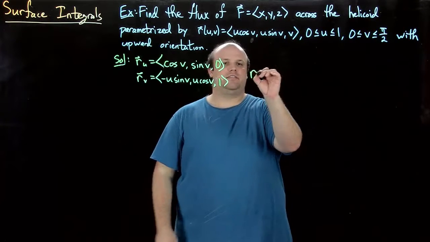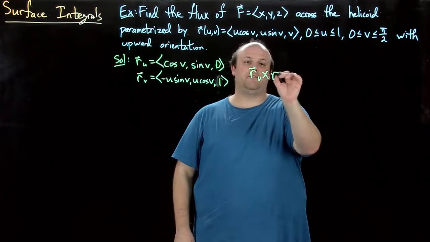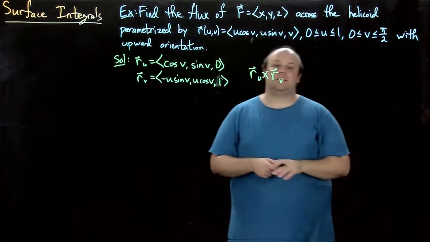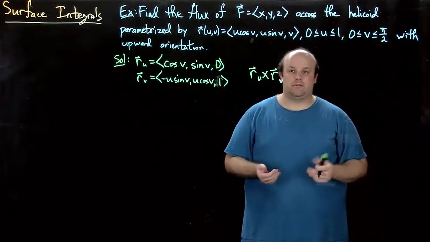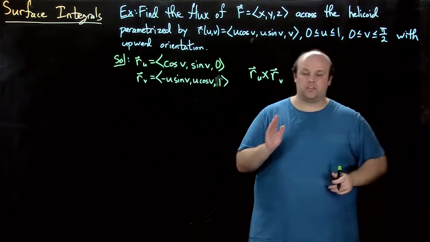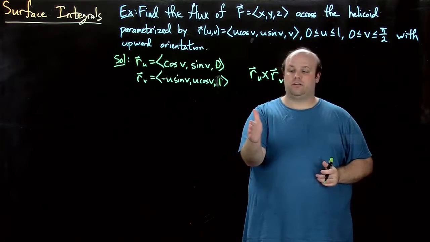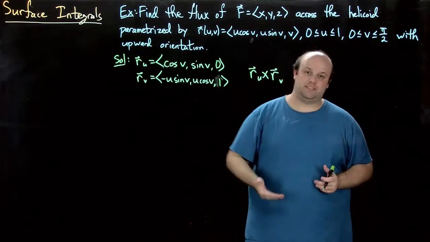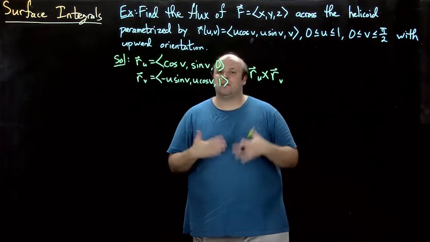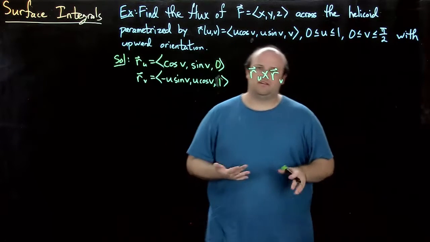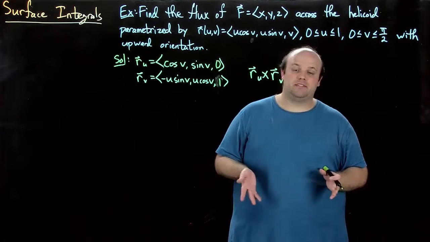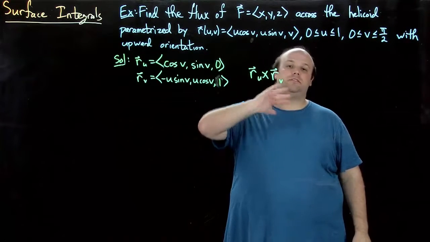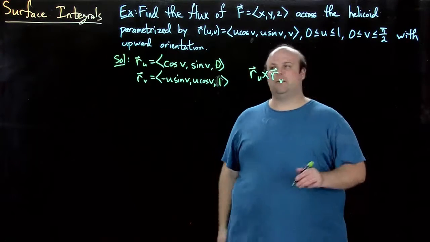The cross product r_u cross r_v gives the upward orientation, by the right-hand rule: put your hand along the first direction, curl it towards the second, and your thumb points up. But if that doesn't make sense, just pick an order, do the cross product, and go from there.